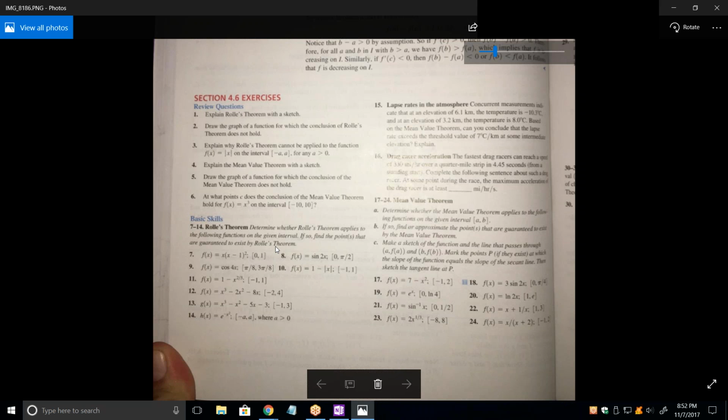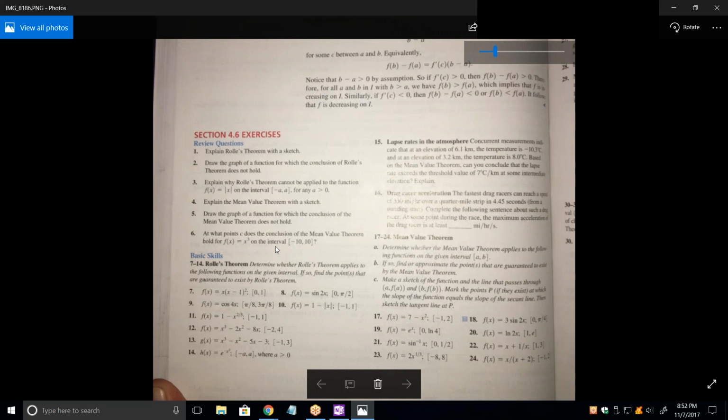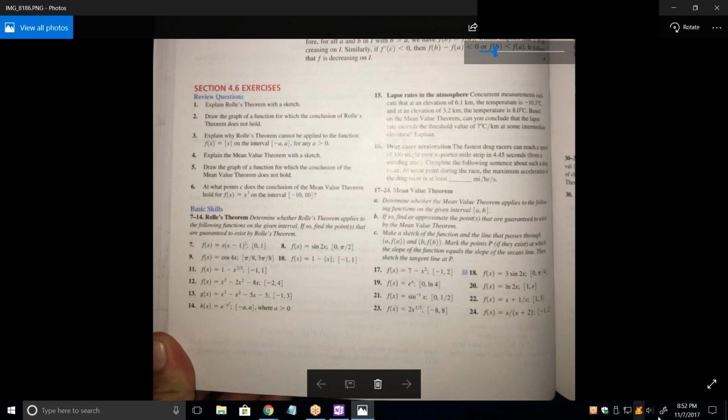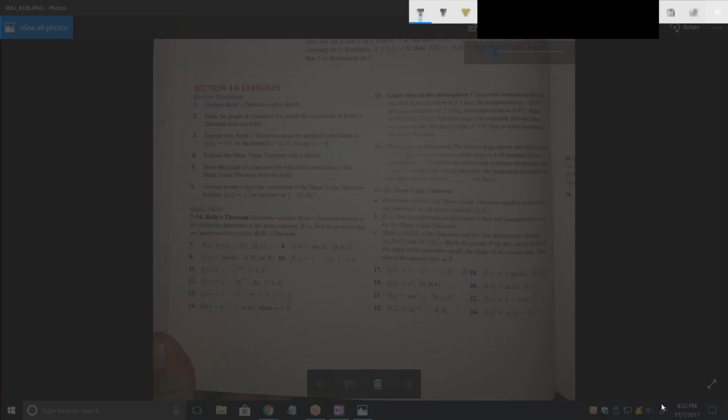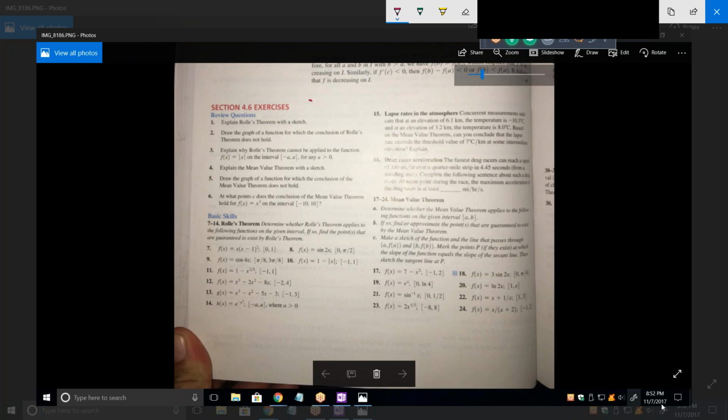So yeah, if we look at 7, well, we know we have to take the derivative. Whoops, hold on. So f prime of x is equal to... I'm going to multiply this out.